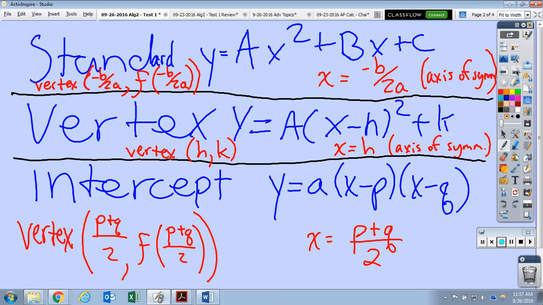Intercept form is what we spent the least amount of time on, but we should know standard, vertex, and if you haven't memorized intercept yet, go ahead and do so. I want to see focus, attention. Let's not use that language.